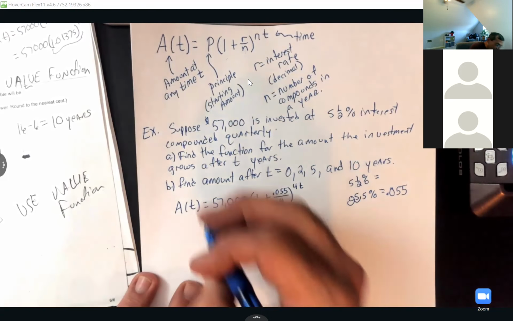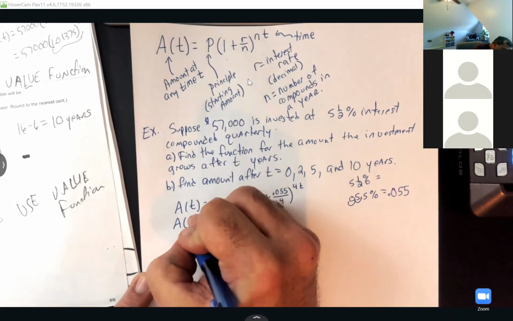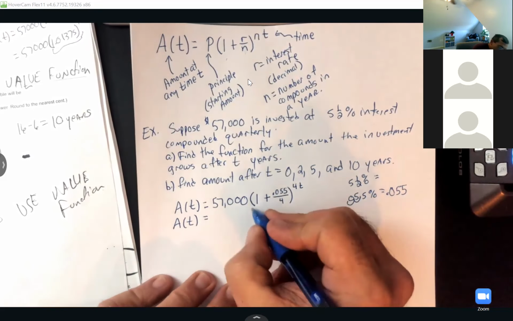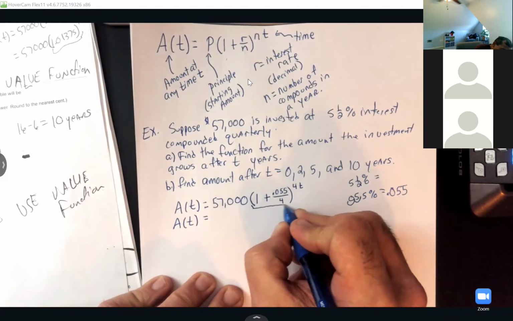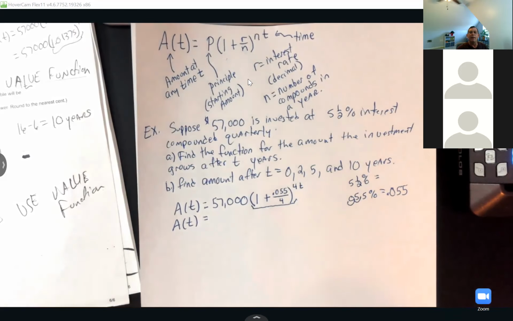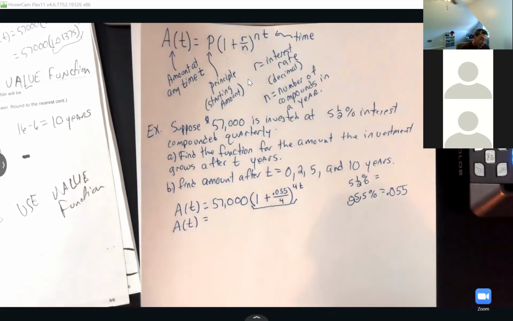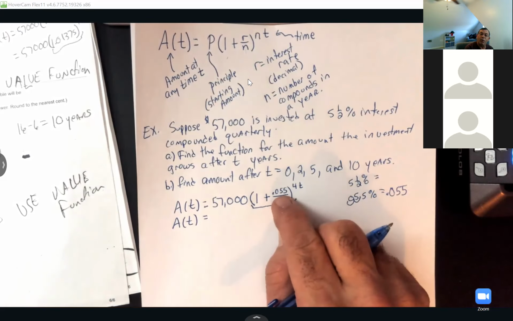So that's basically the formula. So all we got to do now, y'all, this part that's inside the parentheses, MathLab will count you wrong if you leave it like this. They want you to write that as a 1 point something. So they basically want us to simplify this part.